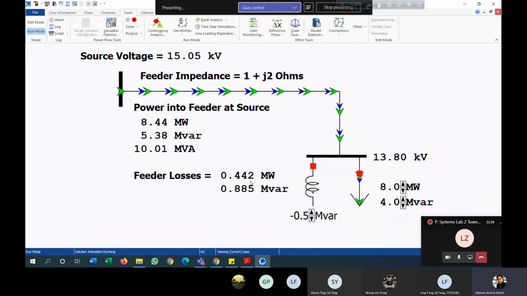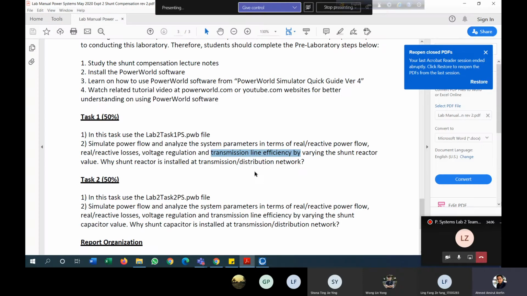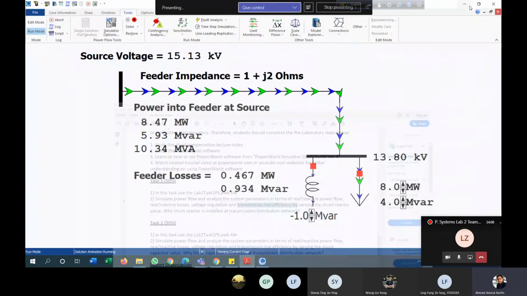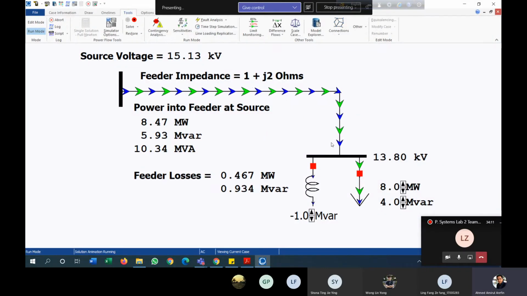So once you are changing this, your efficiency value is also changing. So you need to analyze, once you are changing the value of the shunt reactor, which is actually the inductor here, what is happening? Is the efficiency increasing or decreasing? Okay, so this is the analysis, and you have to analyze it on your own.